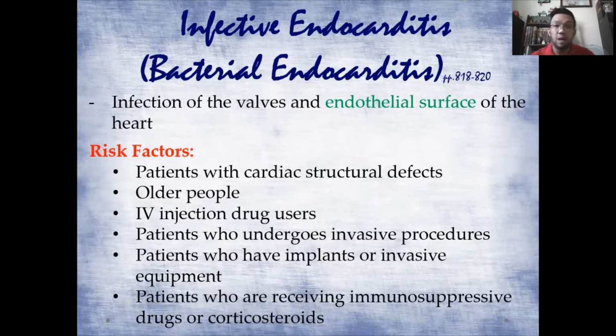Older people are also at risk for this, or those who are injecting IV. So drug users who are injecting drugs via IV are at risk to develop this, especially since most usually they're not using the aseptic technique when injecting themselves with illegal drugs.